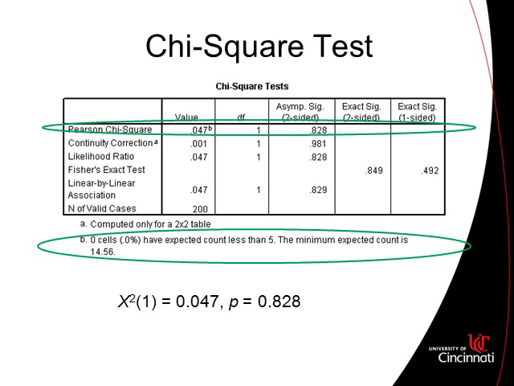But as you can see at the bottom of this output, it tells you that 0 cells, so 0%, have an expected count less than 5, and the minimum expected count was 14. So we don't have more than 20% with an expected count less than 5, and we don't have any at 1. So that tells us we're fine using the chi-squared. But if that little note had given us 30% with expected counts less than 5, then I'd choose to report the Fisher's exact test instead.